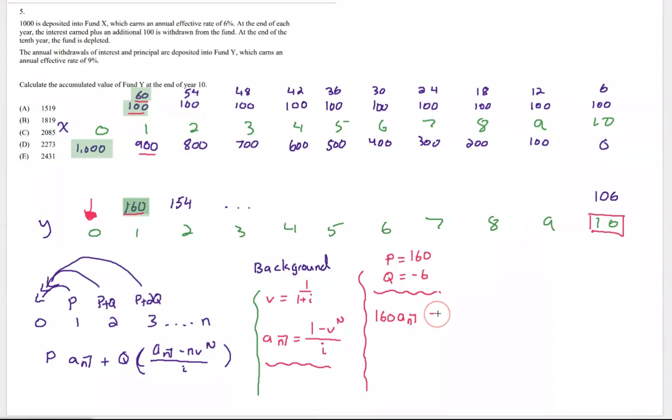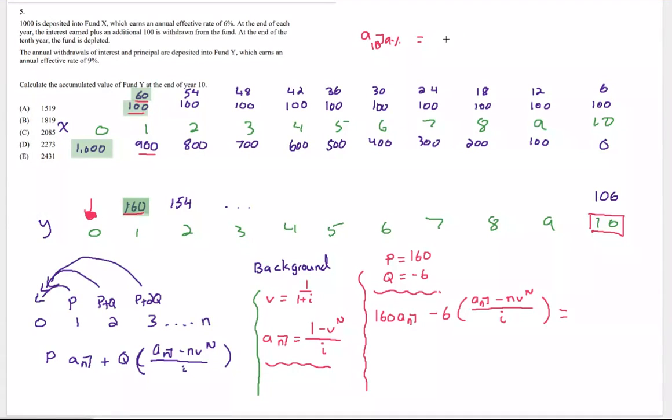Then I have a -6, times the quantity a angle n minus n, and n is in this case 10. Okay, so all I've got to do is find what that expression equals. So a angle n at 9% equals, sorry, it should be a 10 right here.